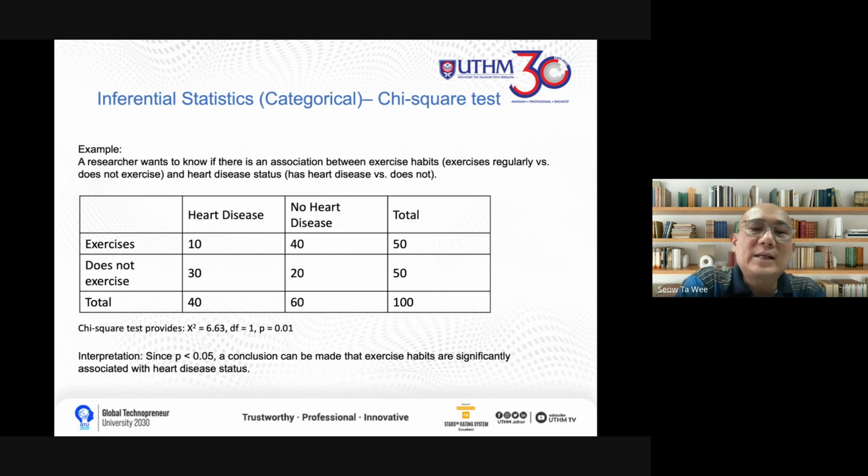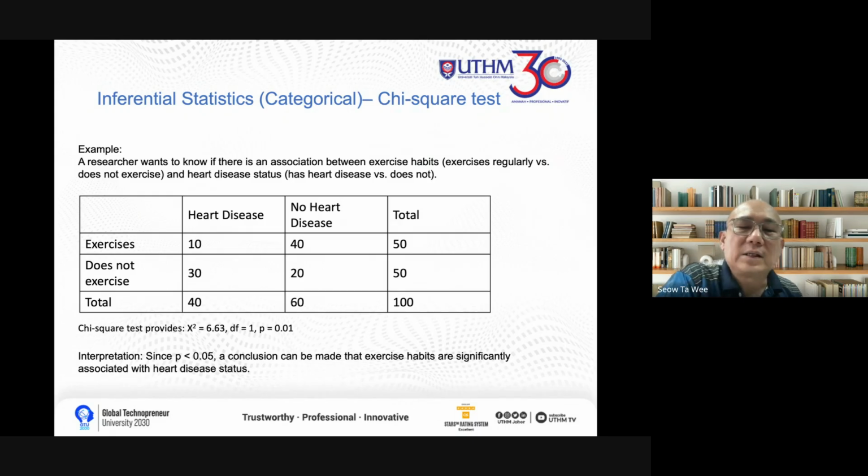Exercise: heart disease 10, no heart disease 40, total 50 respondents. Does not exercise: heart disease 30, no heart disease 20. The total respondents is 50 also.